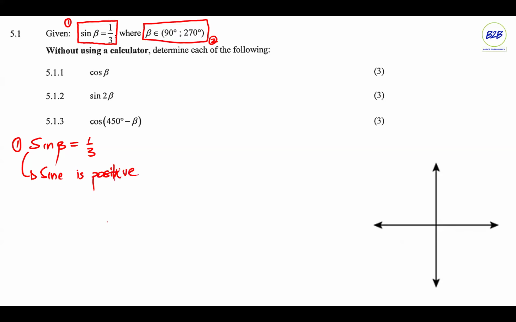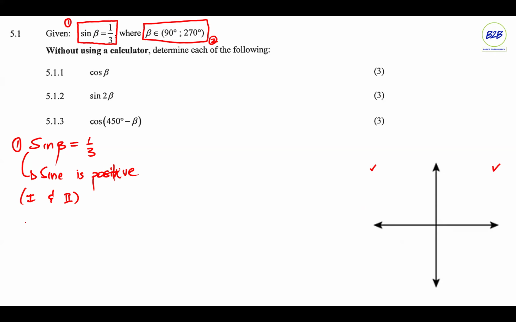And in the previous episode, we saw that sine is positive in the first quadrant and also in the second quadrant. So we can now go on and in the first quadrant make a tick, in the second quadrant make a tick as well. This is just to identify that so far we have those two options, first quadrant and second quadrant.